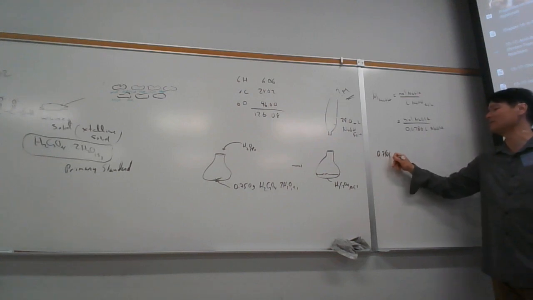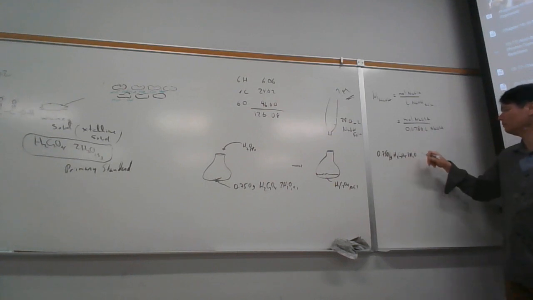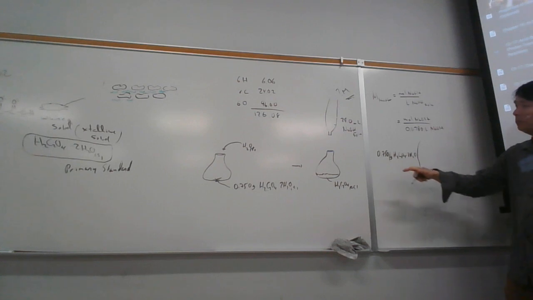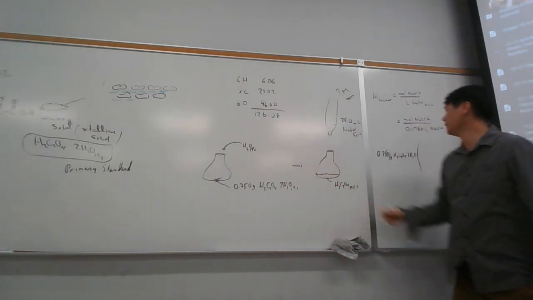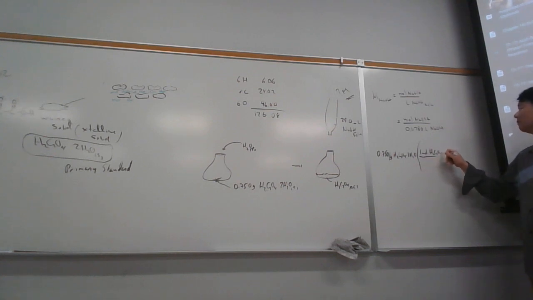So 0.750 grams of oxalic acid dihydrate. And then the molar mass is 126.08. So 1 mole of oxalic acid dihydrate weighs 126.08 grams.